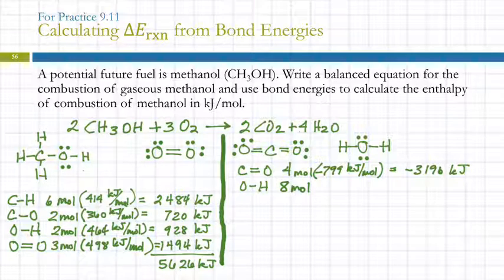The hydrogen-oxygen single bond, it took 464 kilojoules to break it, and it releases 464 kilojoules per mole when you make it. Now we're making 8 moles of that. So 464 times 8. So it's going to get us negative 3712 kilojoules.